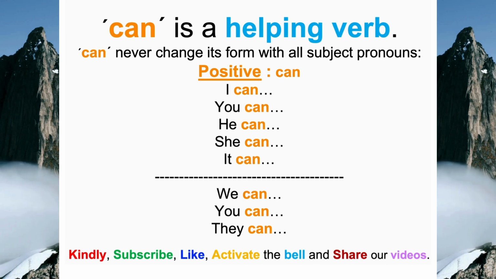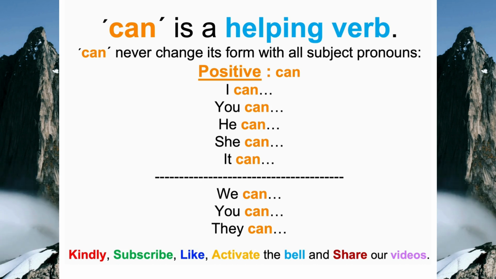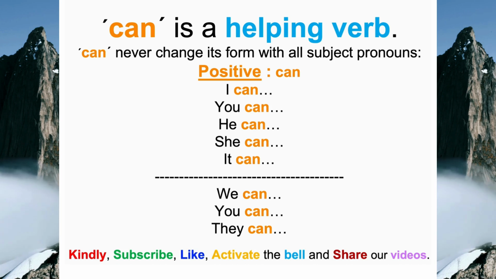So with normal verbs, with he and she and it, the verb takes S. But with the verb can, as a helping verb, doesn't change in all subject pronouns. So there is no S with he and she and it.